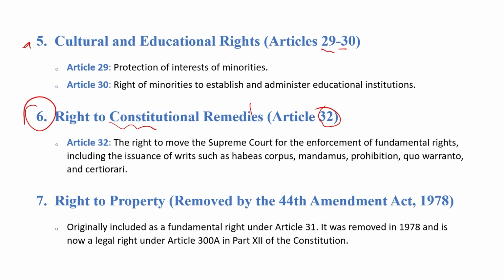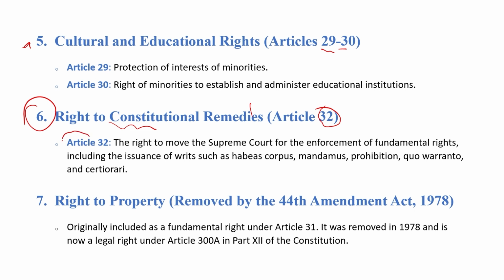This fundamental right provides protection against the above fundamental rights. Article 32 allows us to move freely to the Supreme Court or High Court against violation of our fundamental rights. If anyone abolishes our fundamental right, then through Article 32 we can directly move to the Supreme Court and High Court. That's why this is known as the soul of fundamental rights.